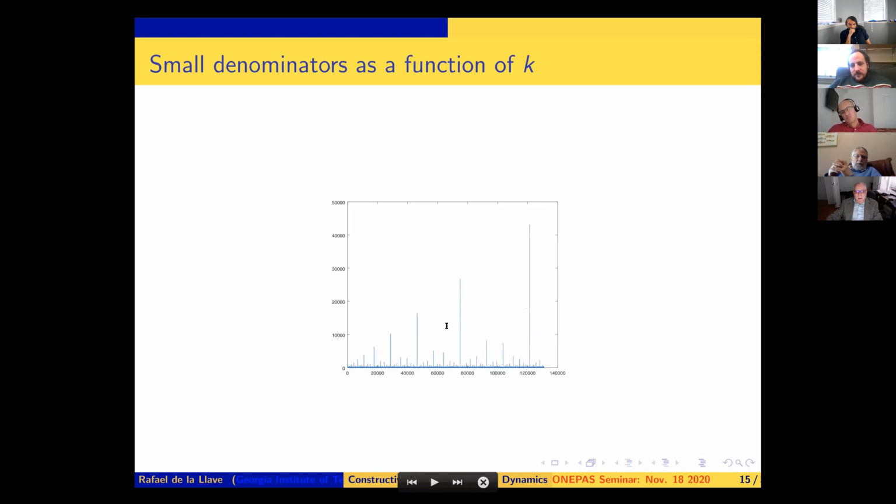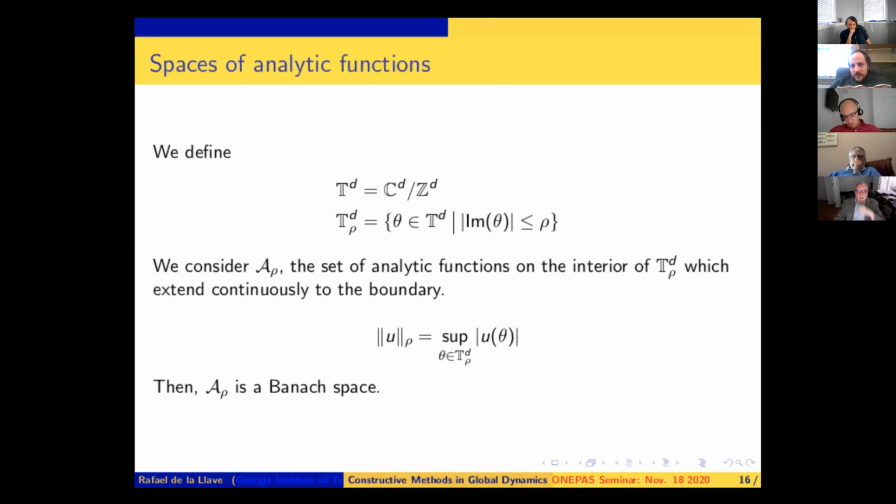But then these numbers have a very large structure. So to speak, if you squint your eyes, then this part is more or less the same as this other part scaled, and all this can be made precise. There are quite a lot of beautiful things. But the thing that I want to mention is that once you get a very small divisor, then the neighboring ones are very small, right? So that's a very important feature.